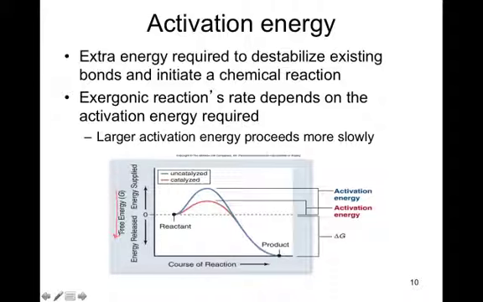In order for it to start rolling down the hill, it needs a little bit of a push or some activation energy. So activation energy is the energy that's required to destabilize the existing bonds and initiate a chemical reaction, much like pushing the ball from the top of the hill in order to allow it to roll down and release energy. An exergonic reaction's rate depends on the activation energy that's required.